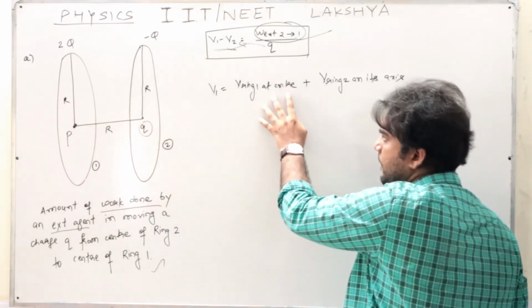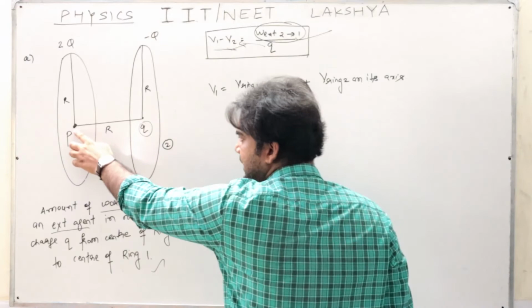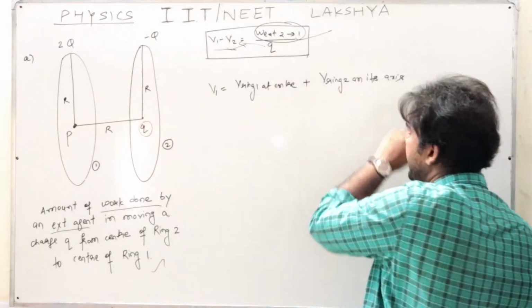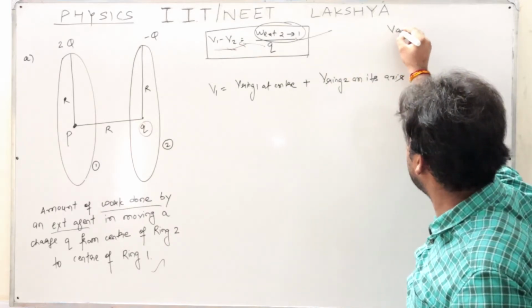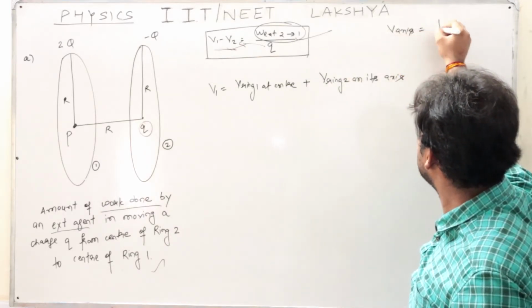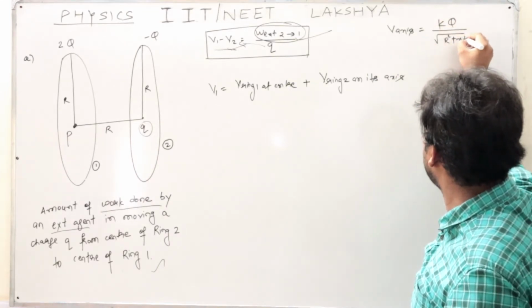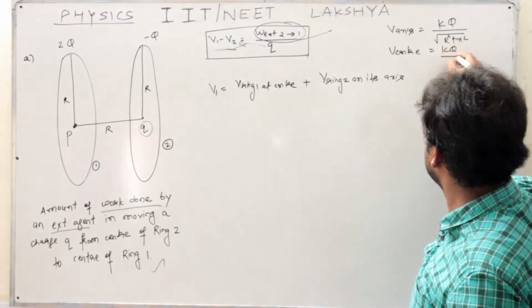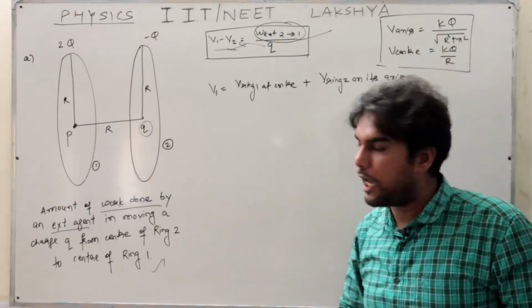So for ring 1 I apply the center formula, and for ring 2 I apply the axis formula. Just now we derived the formula on the axis: kq by under root r square plus x square, and the formula at the center is kq by r.